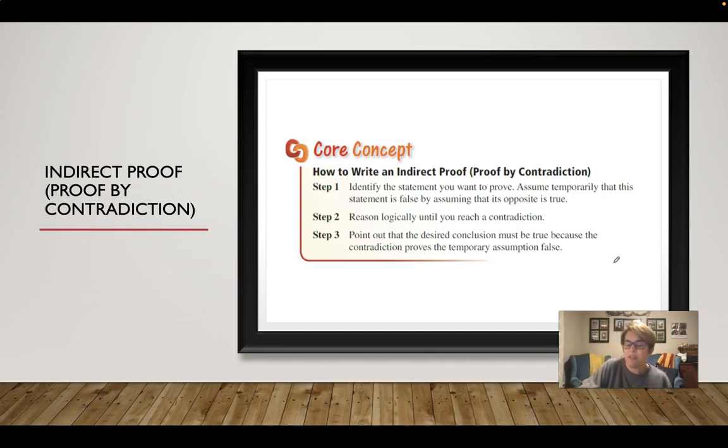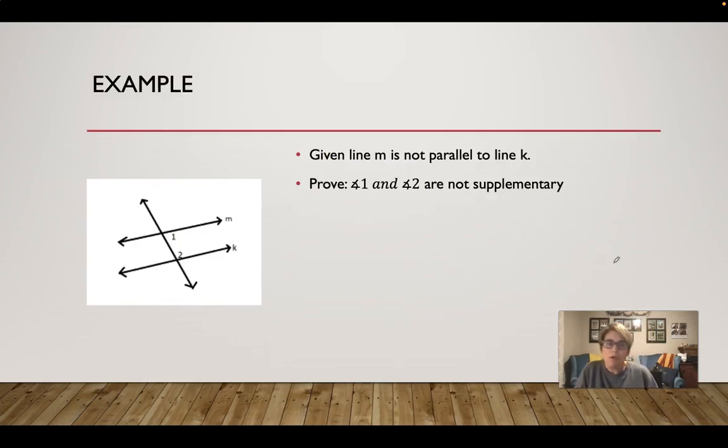So look at what this looks like using something we already know. Going back a couple units ago, we're going to look at two lines along with two angles. We're given that line M is not parallel to line K. Our goal is to prove that angle 1 and angle 2 are not supplementary.